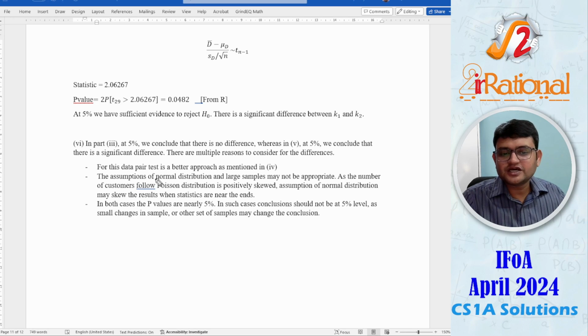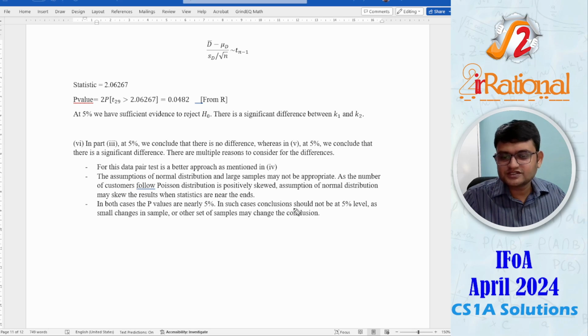So second is, the assumption of normal distribution and large sample may not be appropriate as the number of customers follow Poisson distribution, which is positively skewed. Assumption of normal distribution may skew the result when statistics are near the ends. Last point, in both cases, the p-value are nearly 5%.